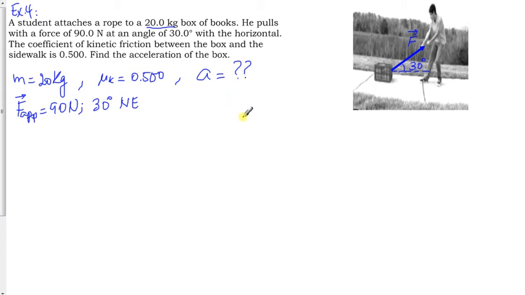Again, the first thing we have to do is the free body diagram. The free body diagram is here. This is the box of books.